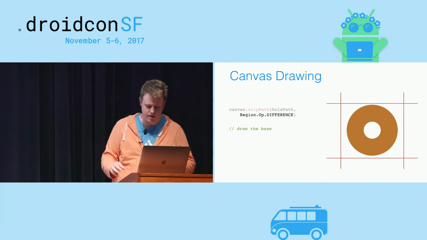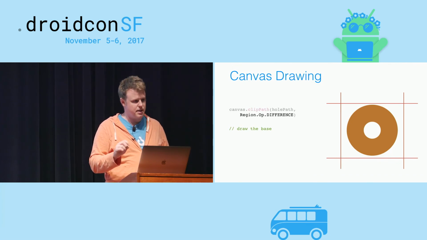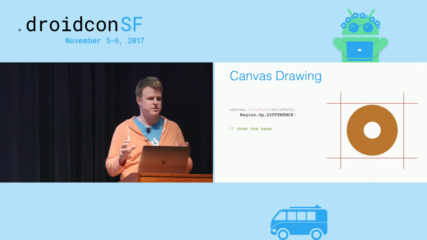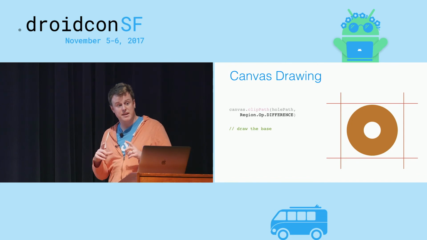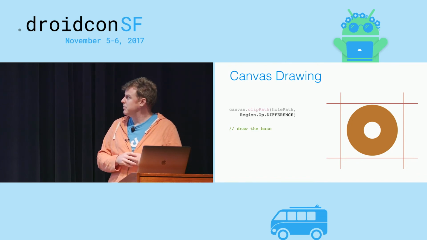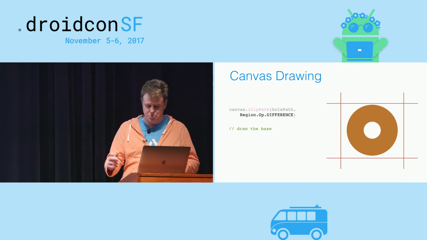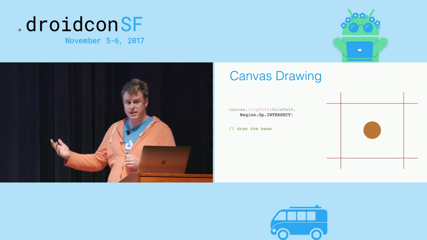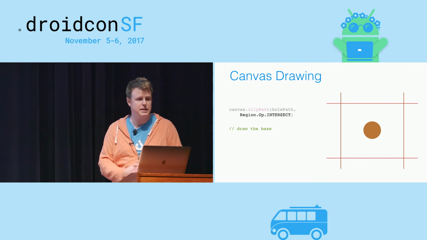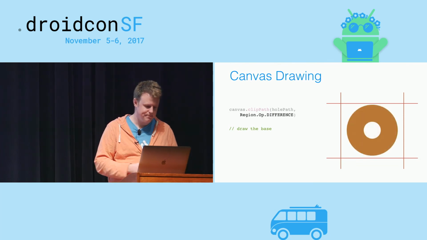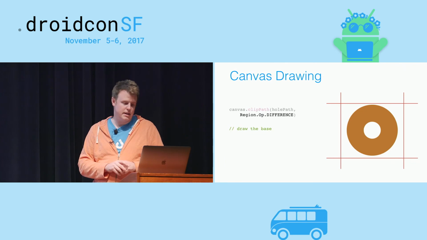So what happened here is that the canvas just ignored any pixels that intersected with that hole path, and so we're only drawing the outside, which means we can see through it. The other option is to draw the intersection if you want a donut hole, but nobody wants that. So we're going to use the difference.